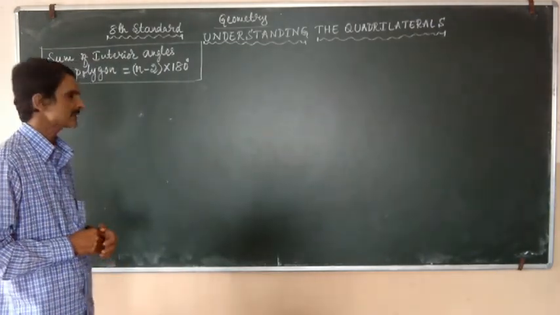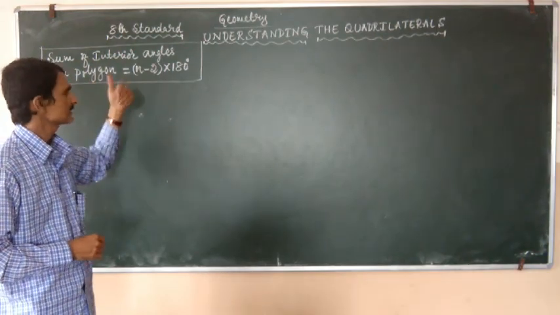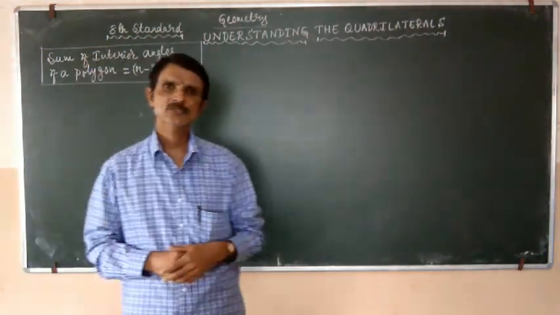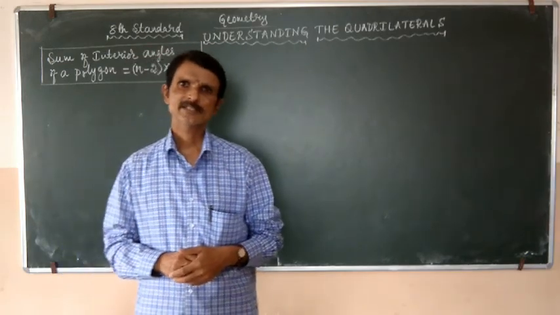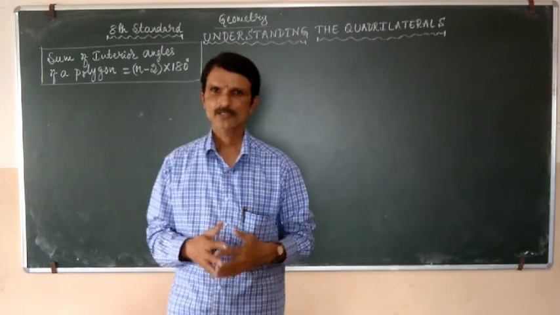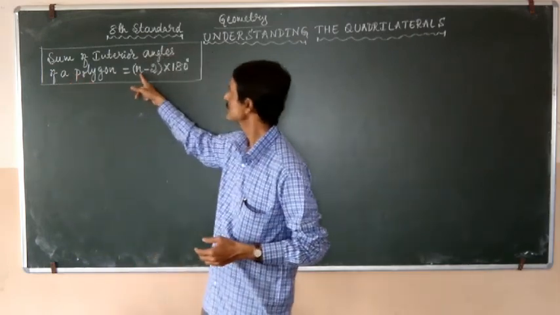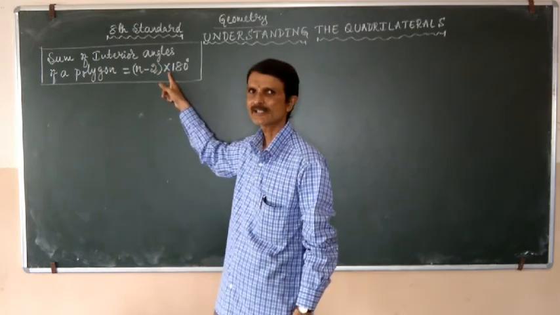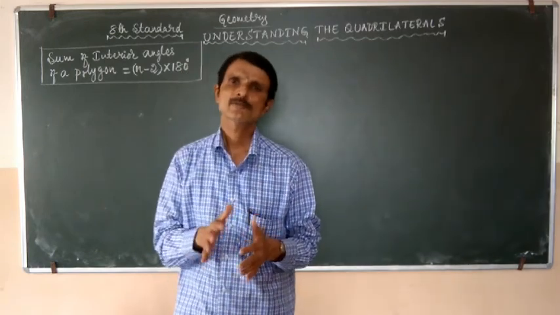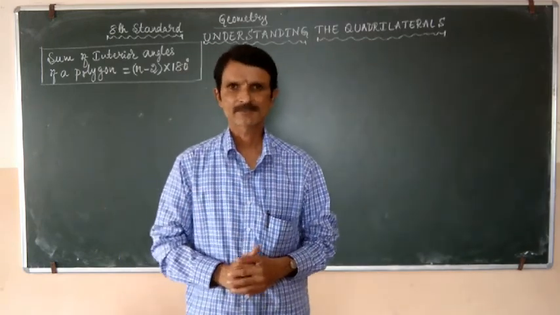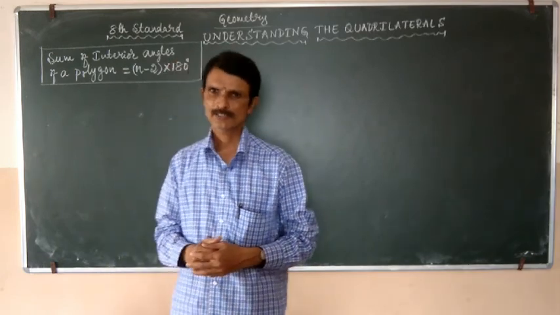We know that the sum of the interior angles of a polygon is equal to (n minus 2) into 180 degrees, where n is the number of sides of the given polygon.